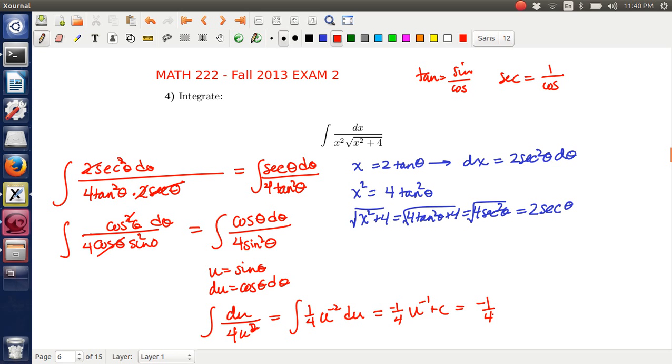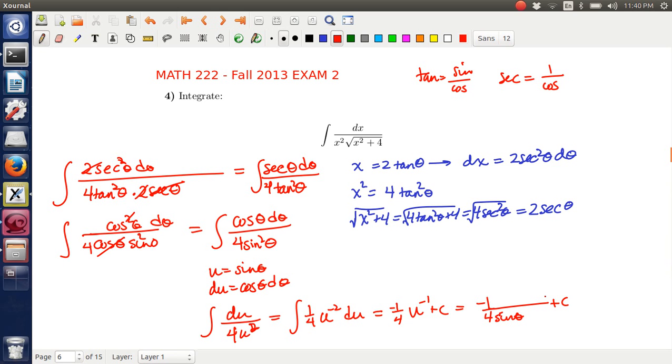We may think we're done, but we're not done. U, what did we say u was? U is sine of theta. And we say now we're done. No, we're not done, unfortunately. And at this point, I decided that this was 3/4 of the way through the problem. People who got this far got like 9 out of 12 points. Okay, but there's still more work to be done.